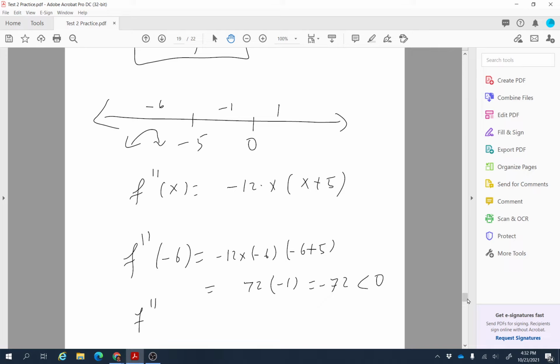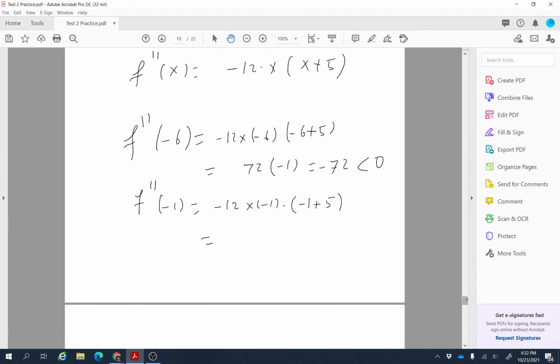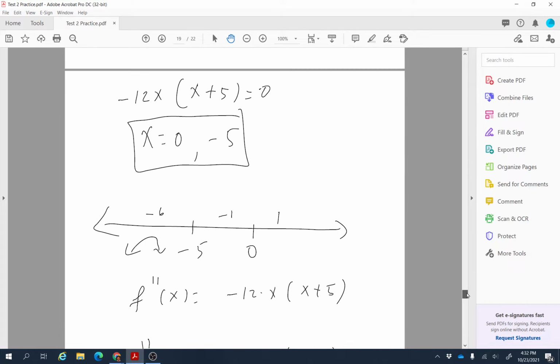Let's pick the second derivative at -1. At -1, the value would be, again, negative, because it's -12 times -1 times, no, it should be positive. After plugging in -1, it gives me 12 times 4, which is 48, which is positive. So the graph would be concave up on this interval.